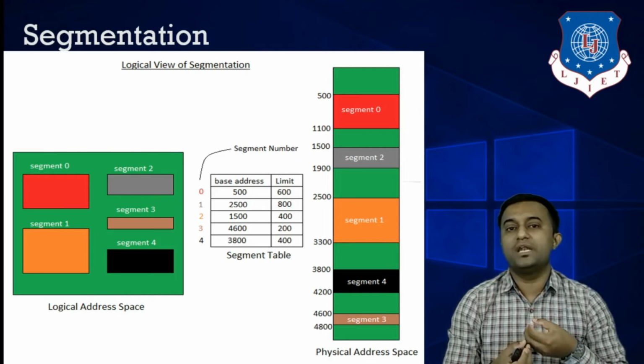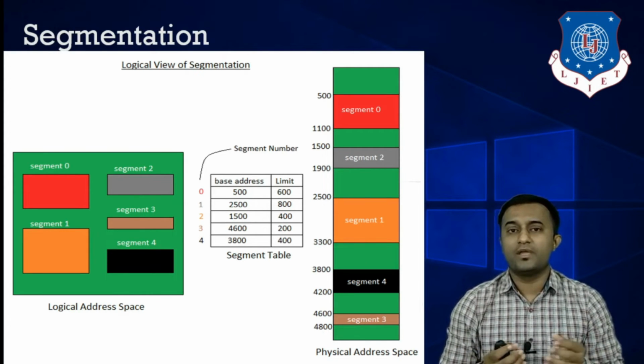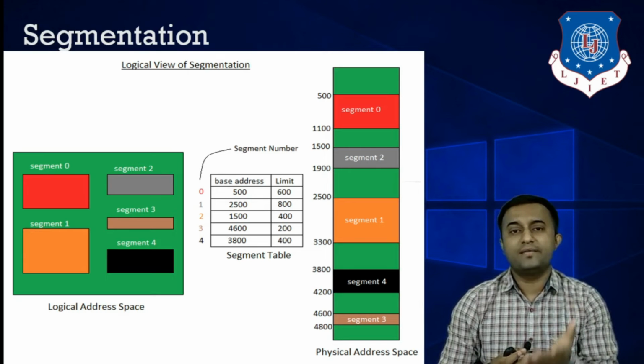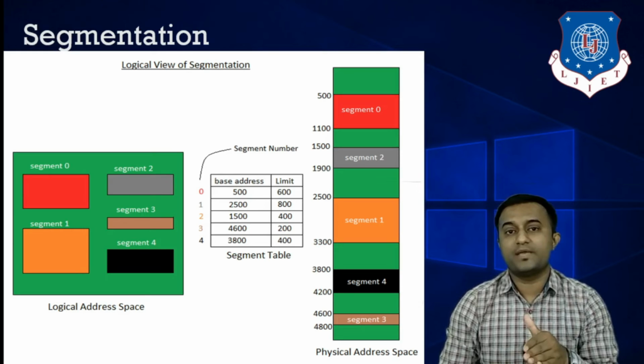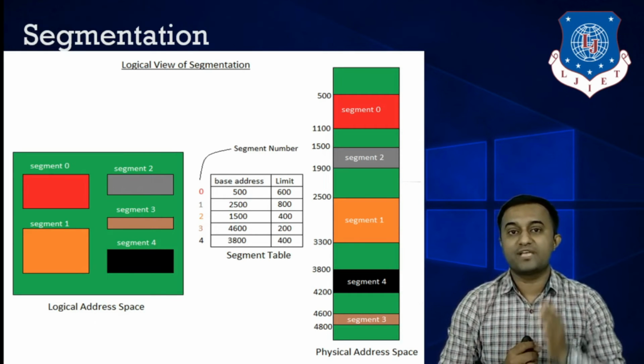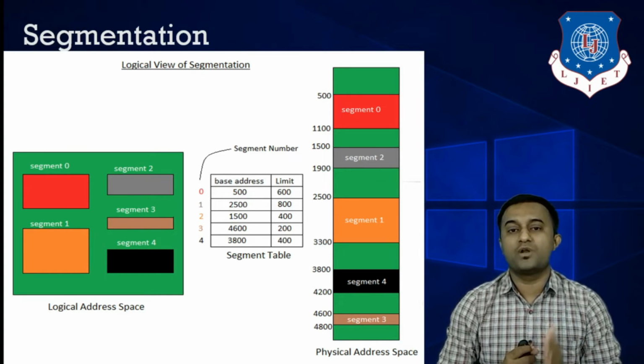Because we are dealing with non-contiguous memory allocation, there is no sequence. Whenever any segment finds enough space to be accommodated in main memory, it will be accommodated easily. Fine. So segment 0 is located first, then segment number 2, then segment number 1 you can see, then segment number 4. There is no ordering, because it is non-contiguous.